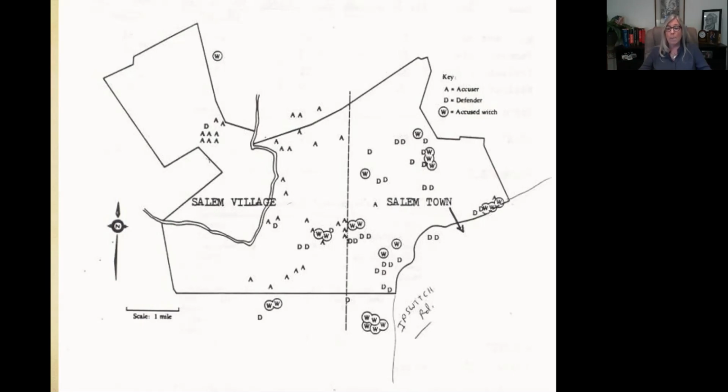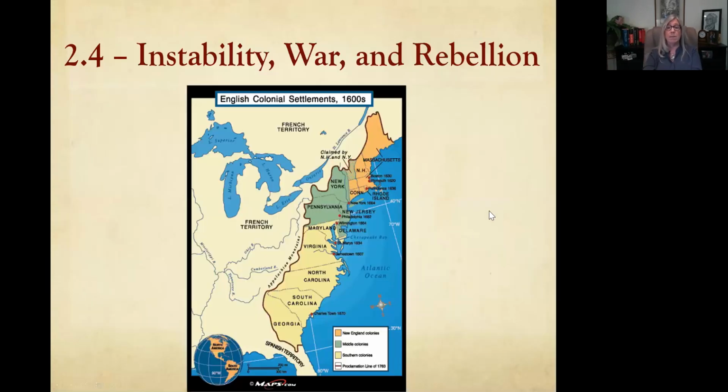Is this more about a rivalry between this group of people not wanting this other group of people to have their own church? Could there be more to this? And I think that this is an interesting way that this historian has been able to take evidence and plot it out and map it out to be able to make more interpretations. So again, this is something that I think makes history very interesting.